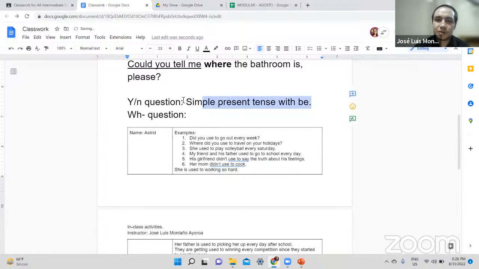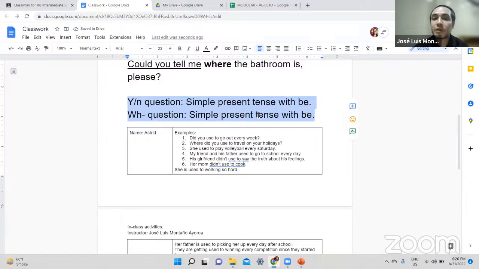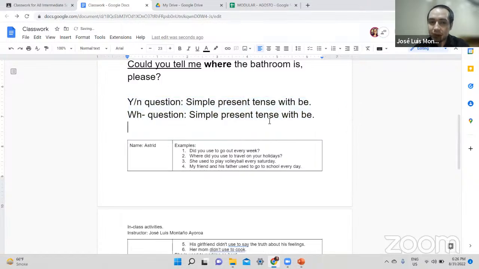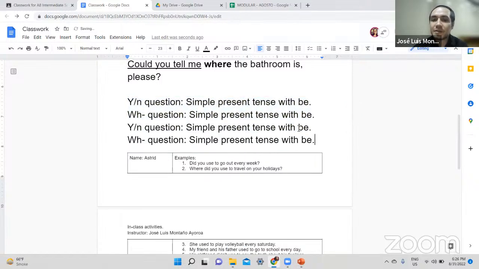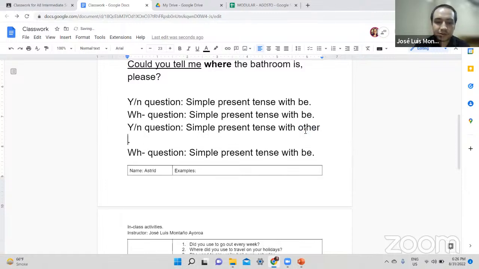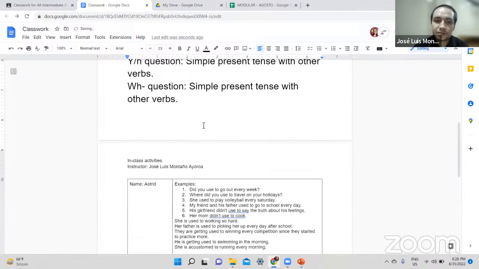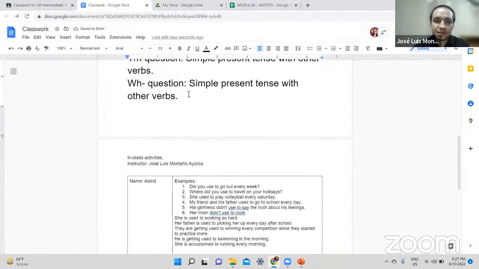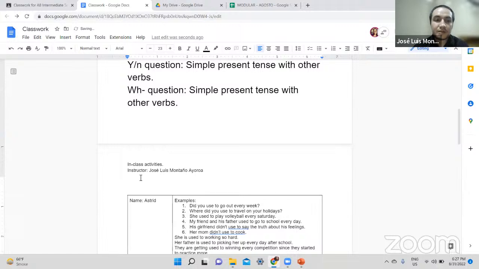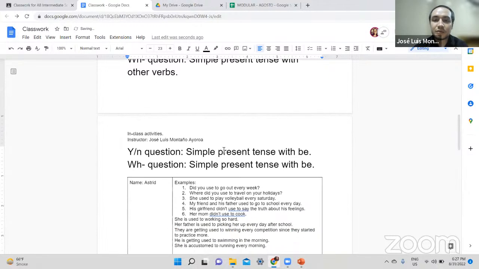So you're going to write a yes, no question and a WH question for the simple present tense with be. You're going to do the same, but with other verbs. All right, the same over here. And you're going to continue. The next part is going to be the simple past tense with be.